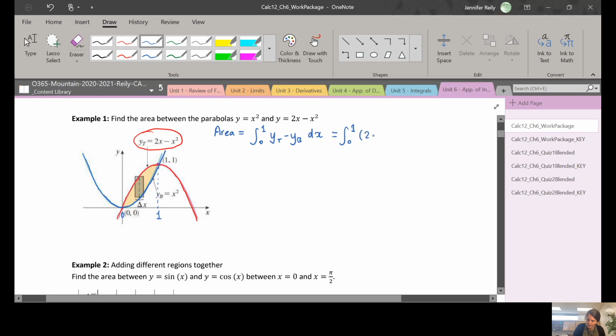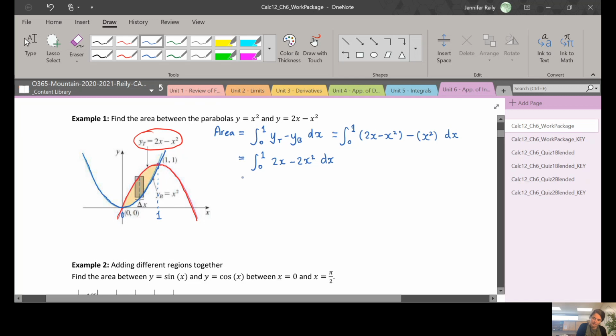So the top function is 2x minus x squared, and the bottom function is x squared. In this case, brackets aren't necessary, but in other questions they will be. So, okay, and we're just going to collect terms before we do the integral to make it easier. So 0 to 1, so it'll be 2x minus 2x squared dx.